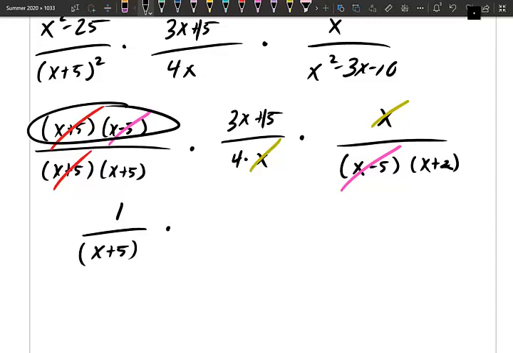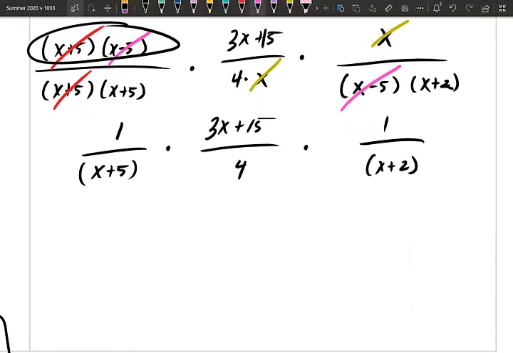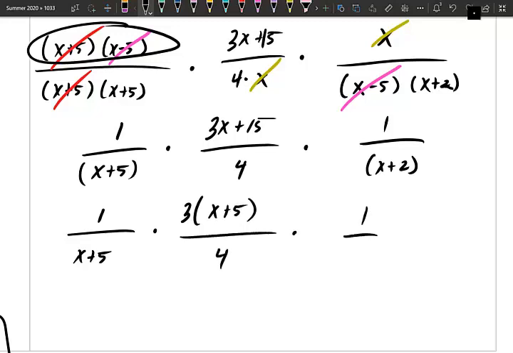And that's times 3x plus 15 over 4. And that's times nothing over x plus 2. Remember, nothing is 1. We can keep factoring. So we have 1 over x plus 5 times 3 times x plus 5 over 4 times 1 over x plus 2.